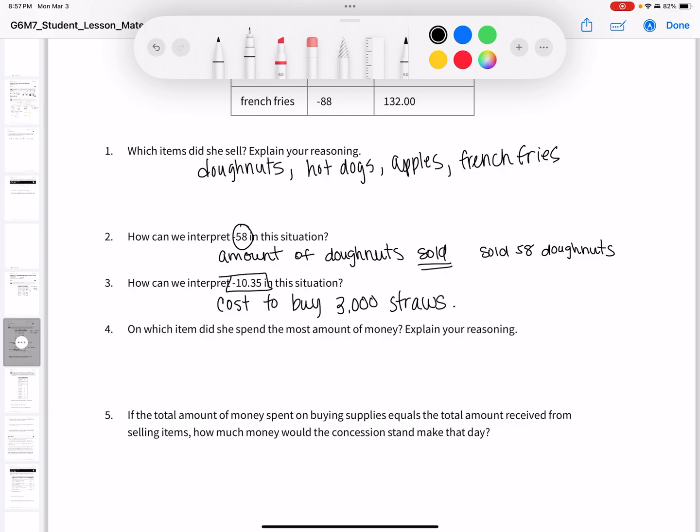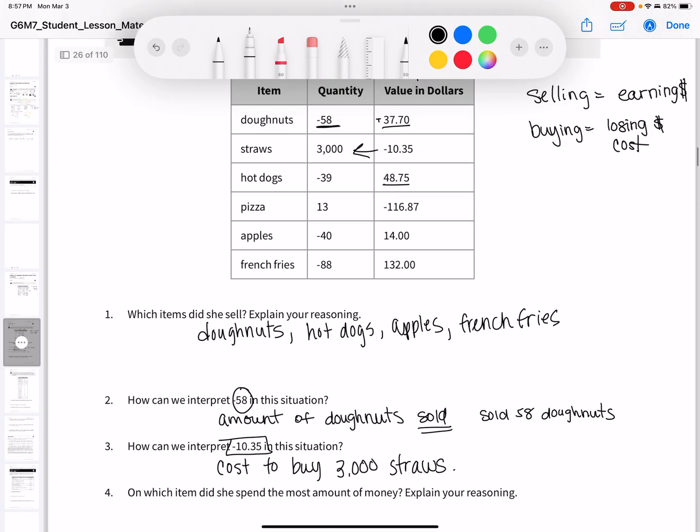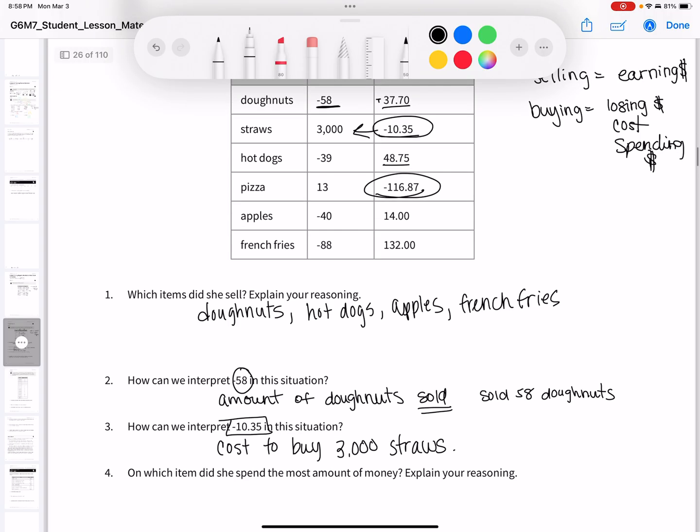On which item did she spend the most amount of money? Explain your reasoning. That means buying is spending money. As selling is earning money, buying is spending money. So if we look, this is a negative, this is a negative. Which negative is she spending more money on?